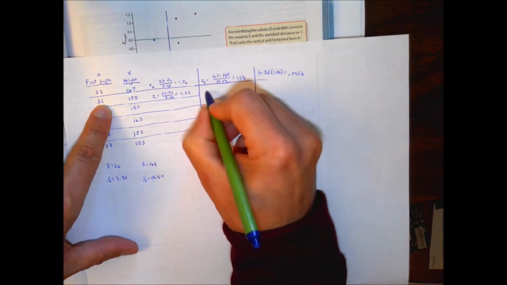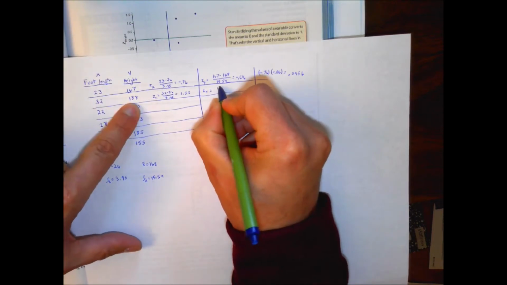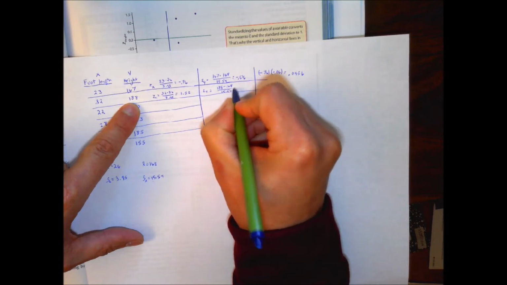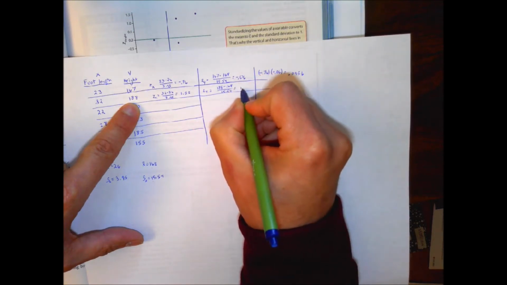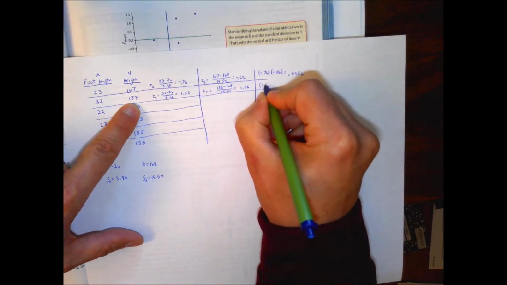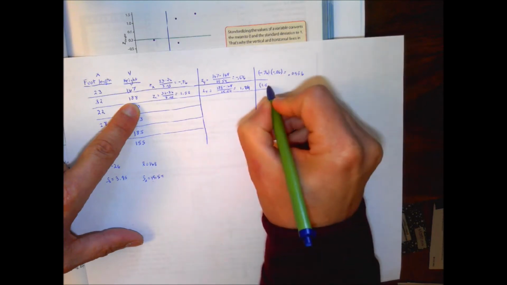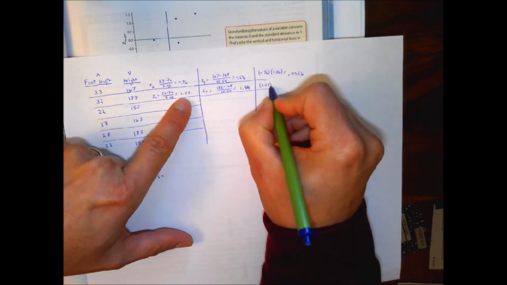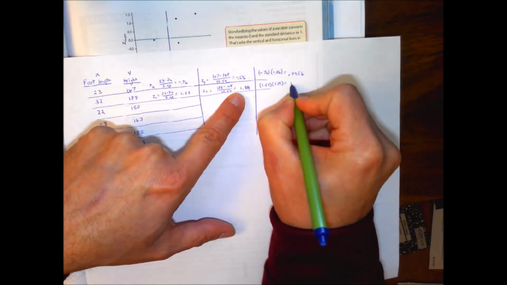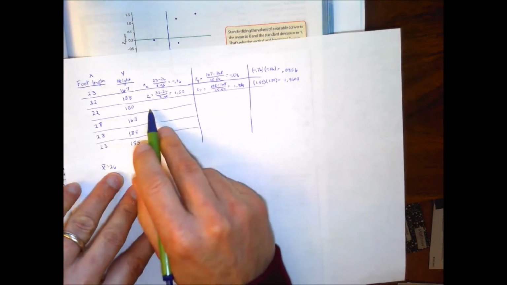And then the z for the y for this one would be 188 minus our mean, divided by our standard deviation, and it gives us about 1.29. If I multiply the 1.52 times the 1.29, I get about 1.9608. Okay, and you want to do the same thing for all these other ones.